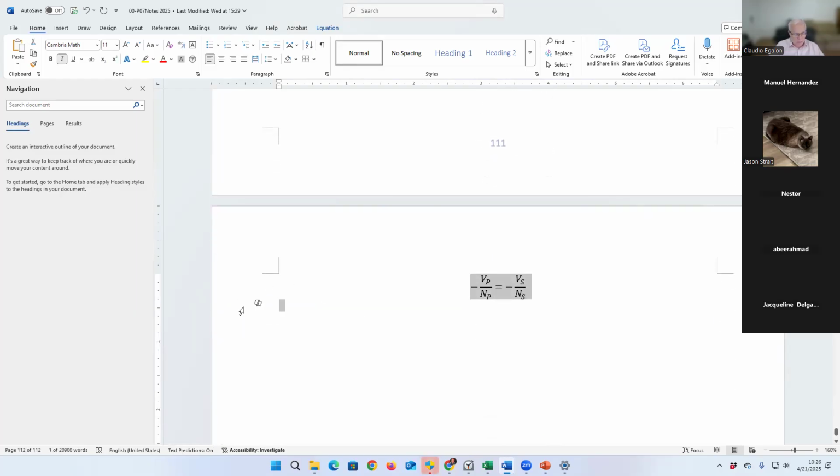I cancel out the negative sign. And here I can write the voltage in the secondary circuit alone. It's going to be N sub S divided by N sub P, times the primary voltage.